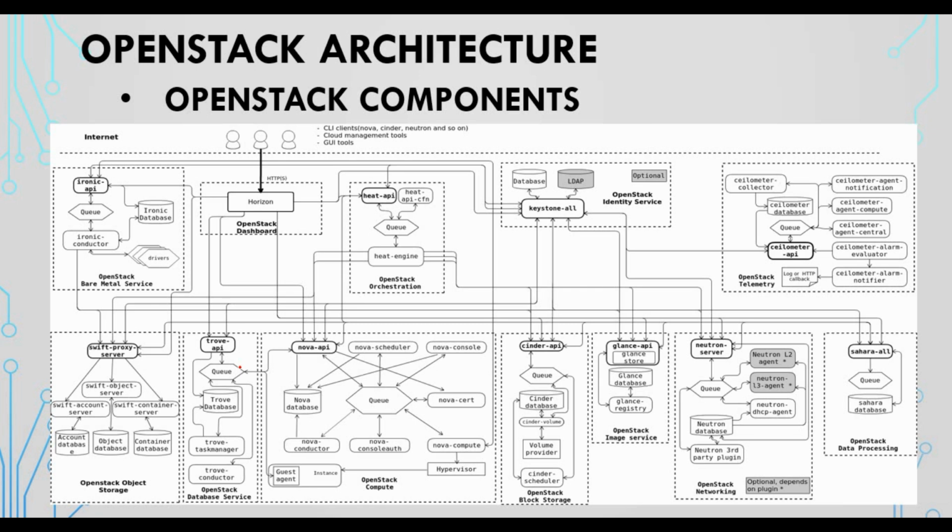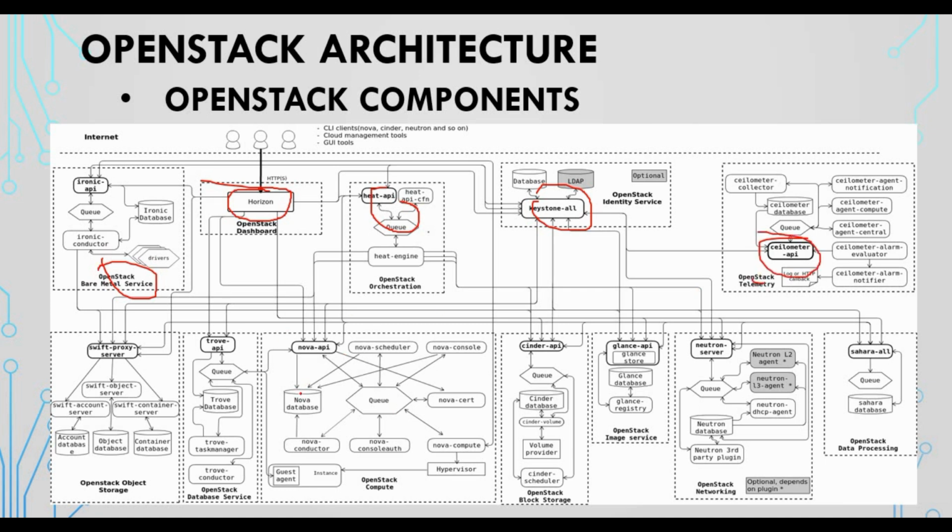Now if I go back to the previous screen where we showed these OpenStack components, you can see you have users, right? And they are going to connect to Horizon, which is the OpenStack dashboard. We have Heat here, which is the orchestration. We have the bare metal service over here, and you have Keystone, which is the authentication for all. We have Ceilometer here, which is used for telemetry.